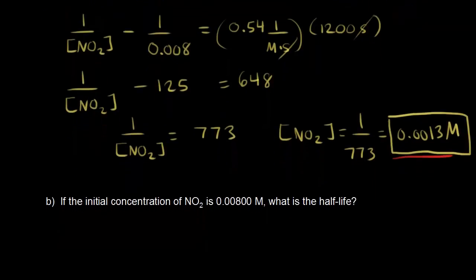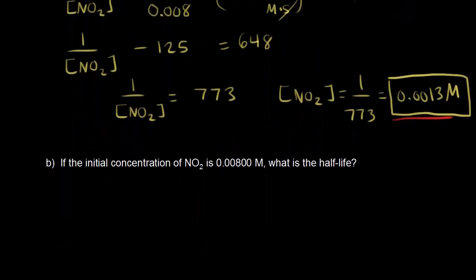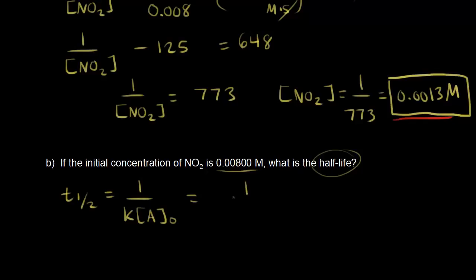So in part B, if the initial concentration of nitrogen dioxide is 0.008 molar again, what is the half-life? So in the previous video, we talked about the equation for the half-life of a second-order reaction. And we found that the half-life for a second-order reaction is equal to 1 over the rate constant K times the initial concentration of A. And so for this case, this would be 1 over the rate constant, which is 0.54, 1 over molar times seconds.